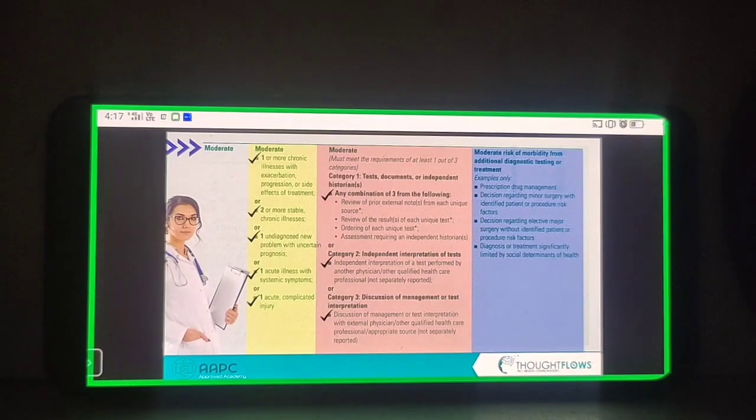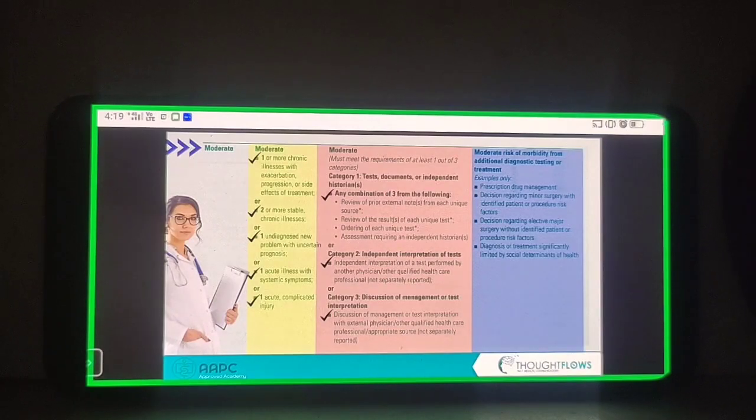How many tests here? Ordering the tests, category 1 also. Category 1 and category 3 are satisfied here. In these three categories, we need any one category.